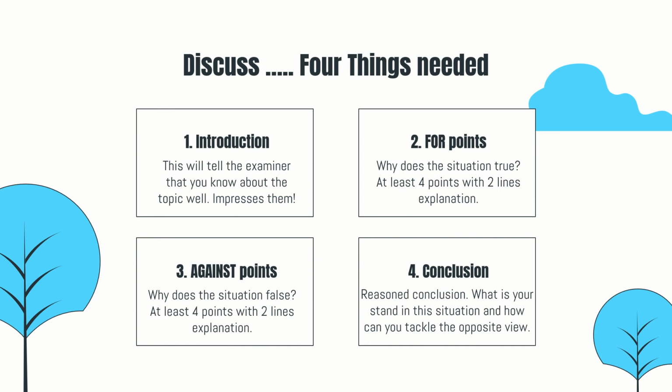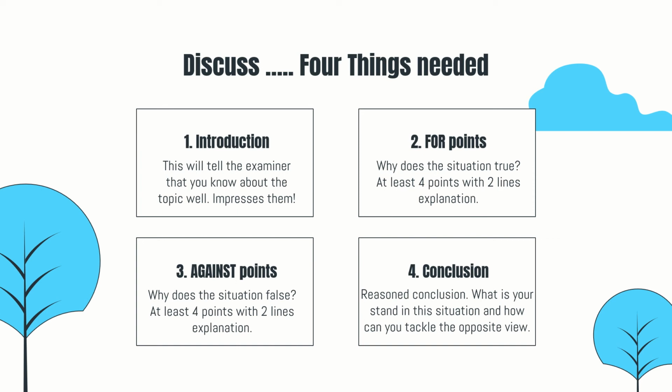The second thing you need in a discuss question is the for points. Why does the situation stand true, or why is the situation true? At least 4 points with 2 lines explanation each.